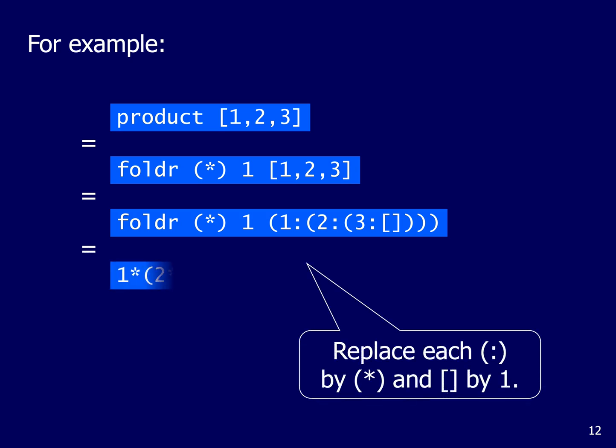So when we do that replacement, we get 1 times 2 times 3 times 1, and then finally we're going to get back the result 6. Okay, so what we've seen now is two simple examples of how we can think of foldr non-recursively in terms of just replacing the two constructors for lists by whatever we like.